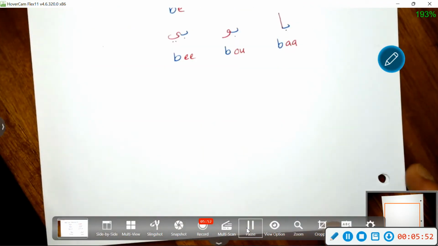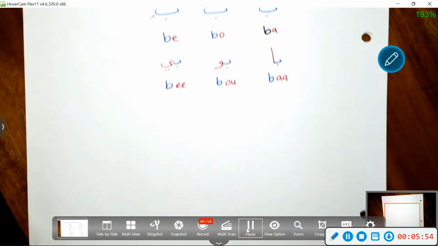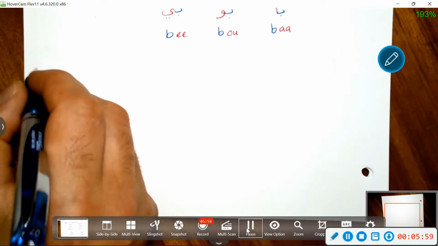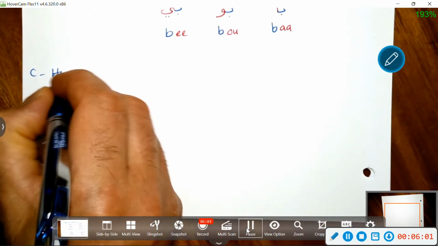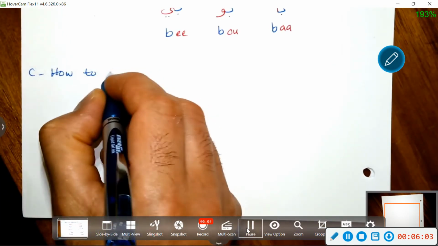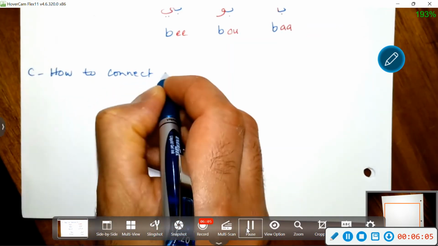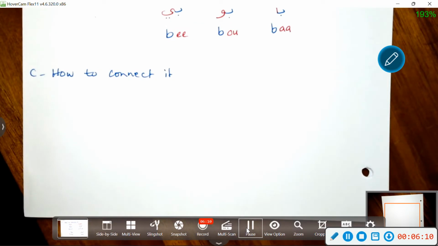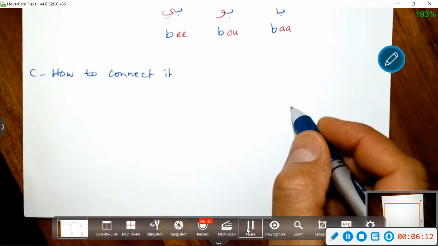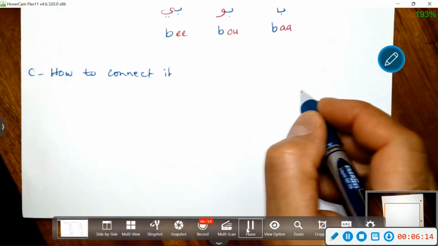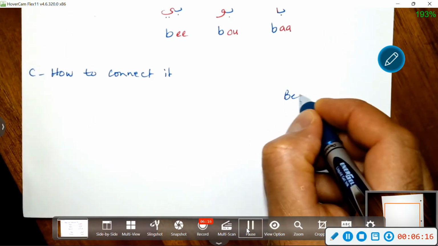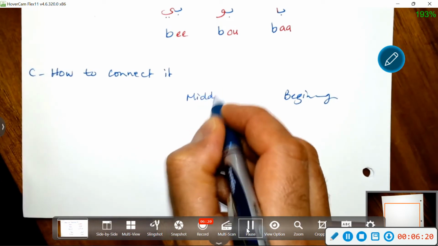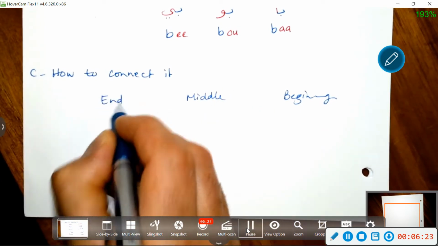Now let's move to the third section, which is how to connect the letter Ba. We need to see how we connect it when it's at the beginning, in the middle, or at the end of the word.